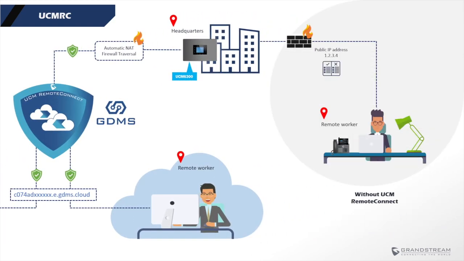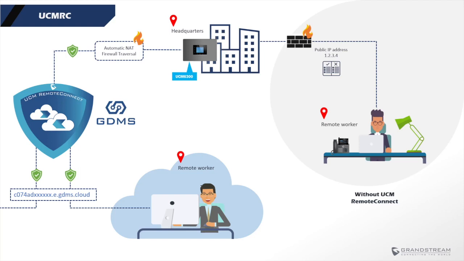Without UCM RemoteConnect, remote users would need to connect to the on-premises UCM using a public IP address, which will require the network administrator to create firewall rules to allow traffic on specific ports and from specific IP addresses.